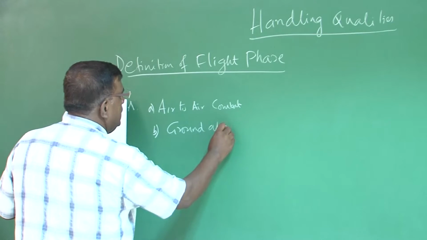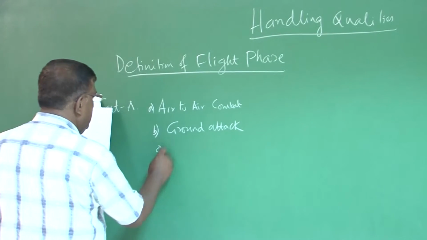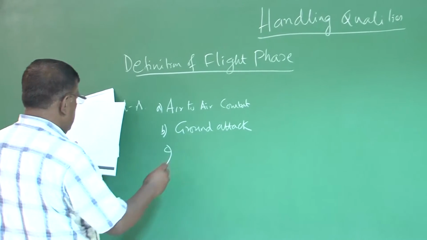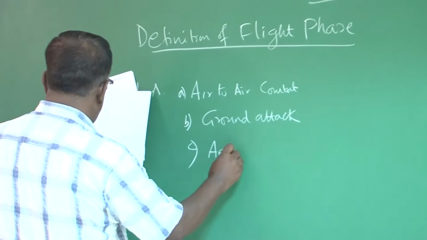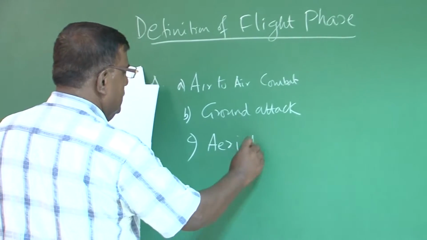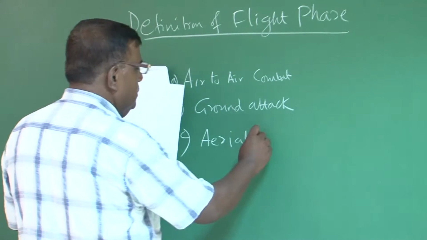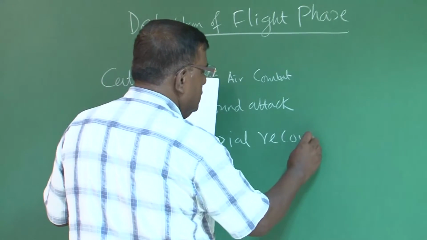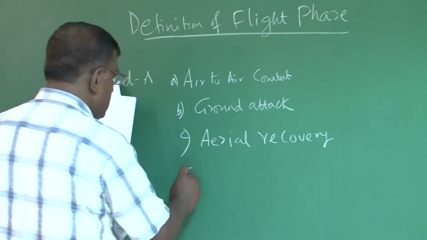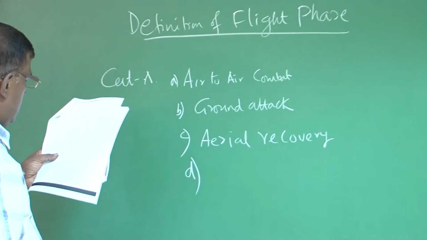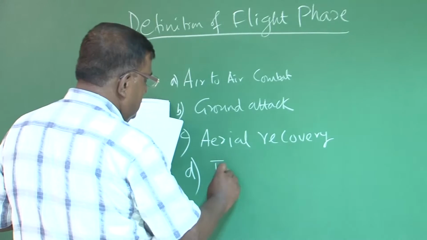I have started with military aircraft, so forgive me. I do not believe in war and all. At the same time, we should be strong enough so that nobody can dare to trouble us. So it is important we know all these things. In-flight refueling.